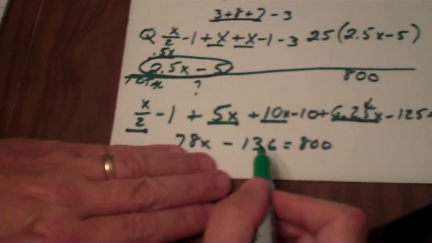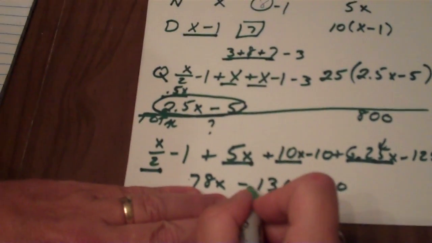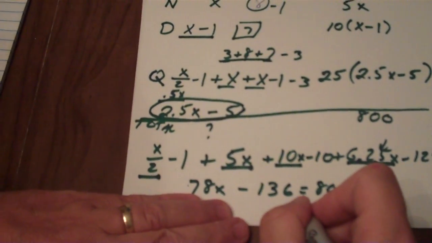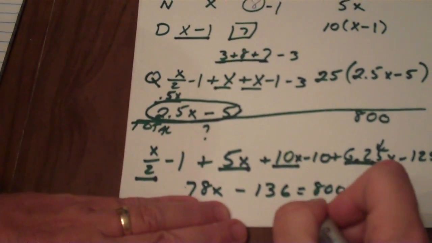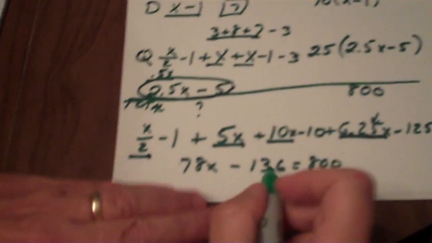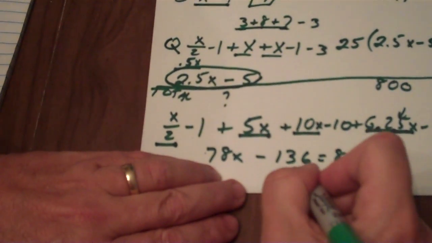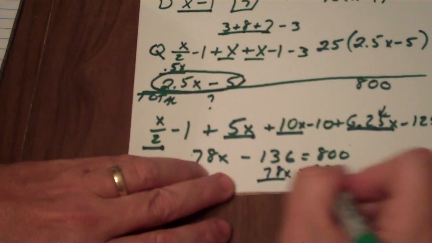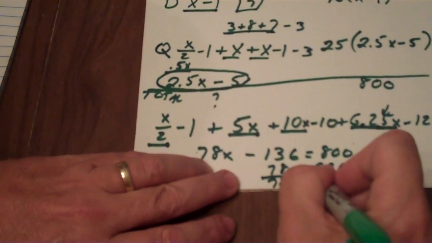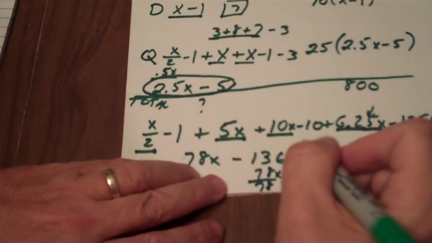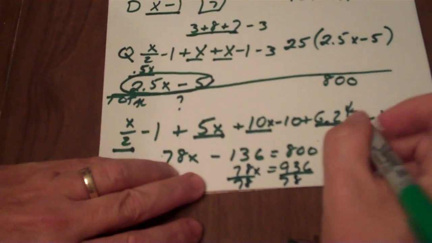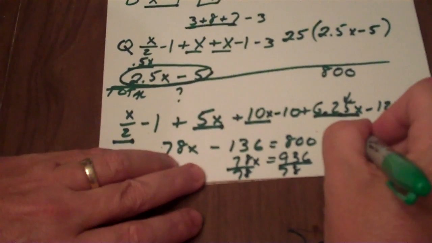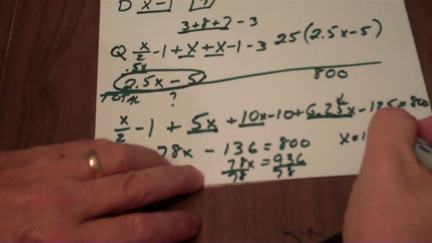If I add 136 to both sides, over here on the right side, that will give me 936, and over on the left side, I have 78x. Finally, my last step would be to divide both sides by 78. Now, dividing both sides of this by 78 tells me that x equals 12.